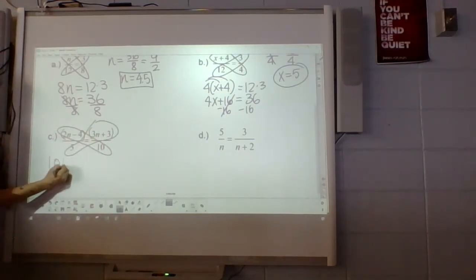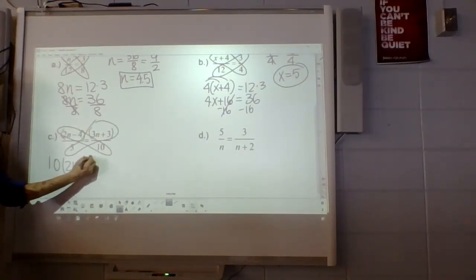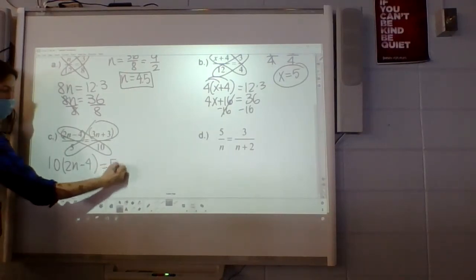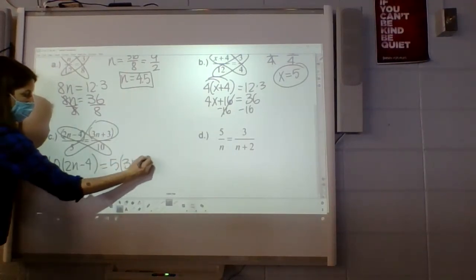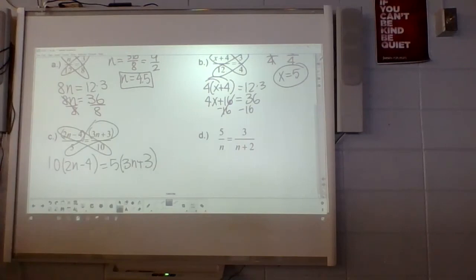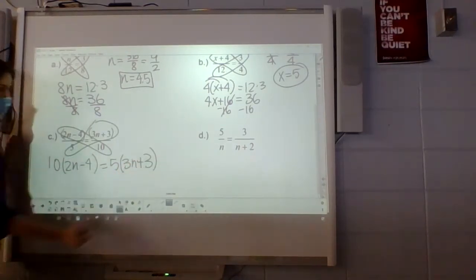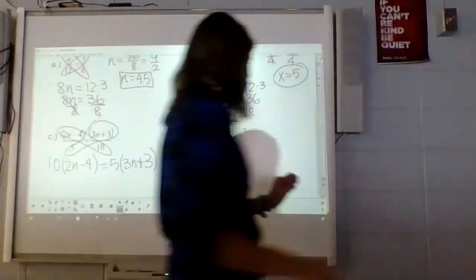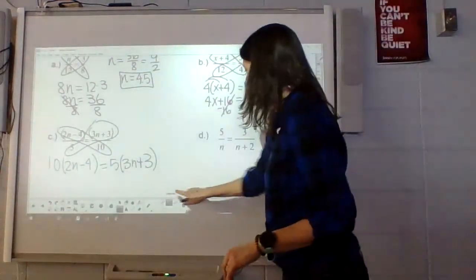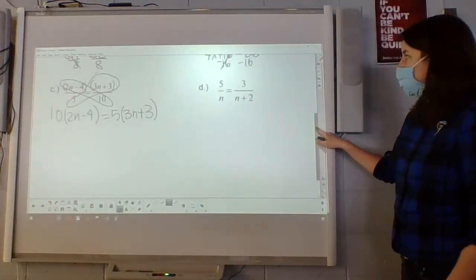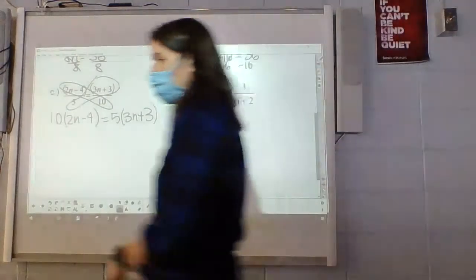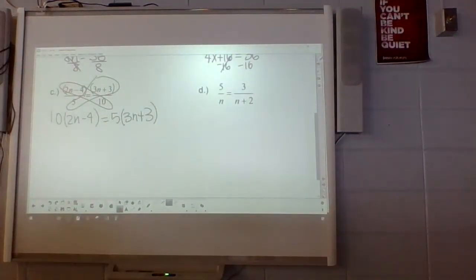So cross multiply, I'm going to need parentheses on both sides this time. Just to remind me that I have to distribute that 10 in, I have to distribute that 5 into both sides.